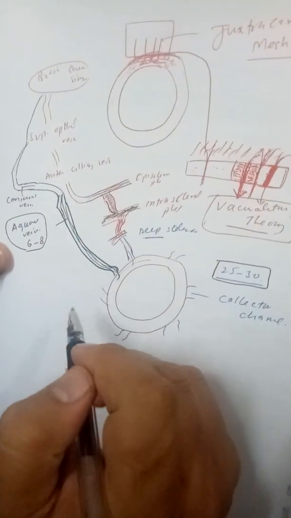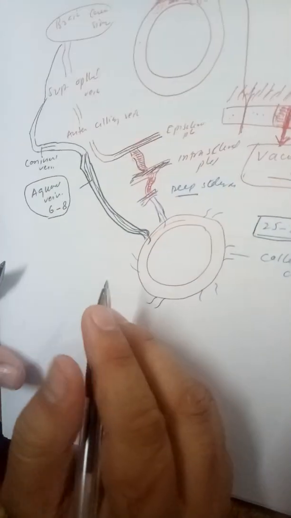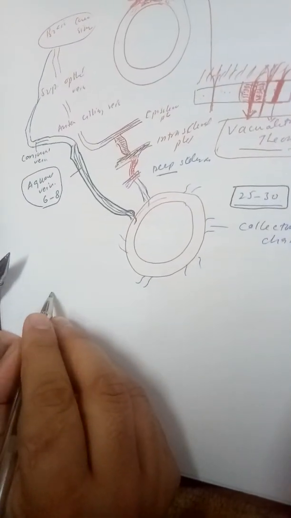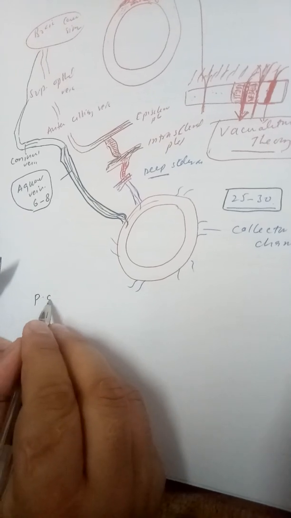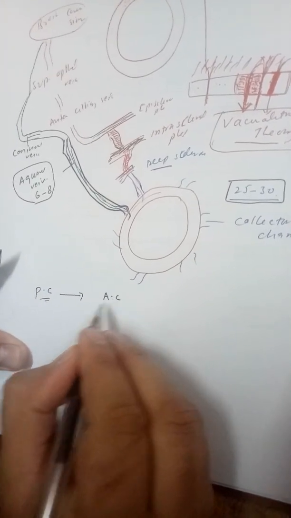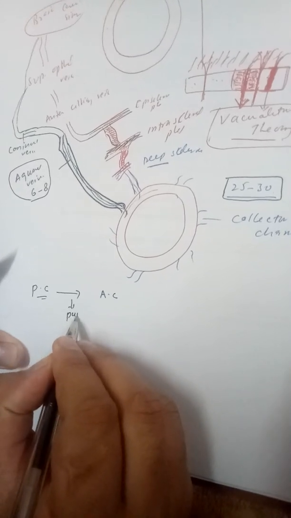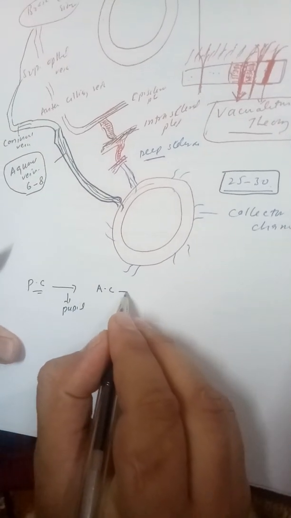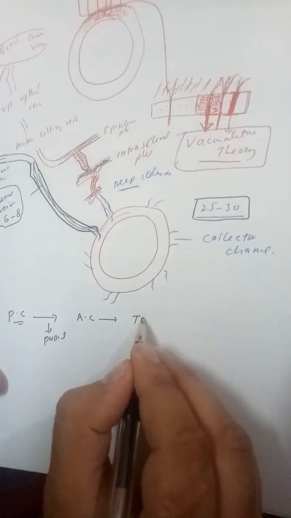So up to now, what we have discussed is that aqueous humor production takes place in the posterior chamber. From the posterior chamber, it reaches the anterior chamber through the pupil, and from the anterior chamber it reaches the trabecular meshwork.